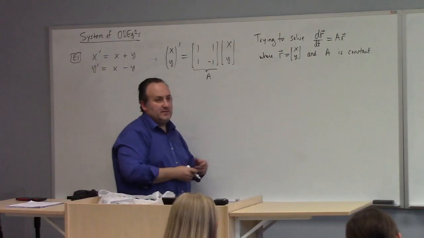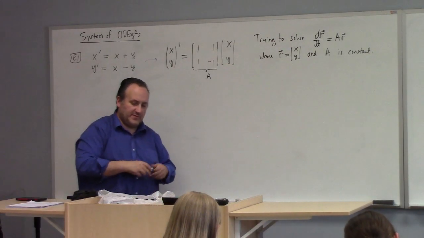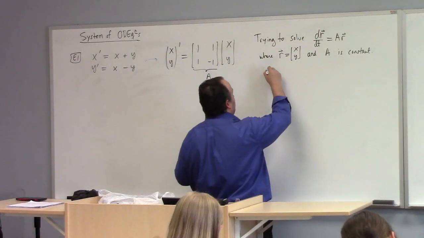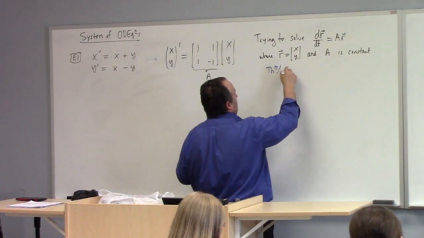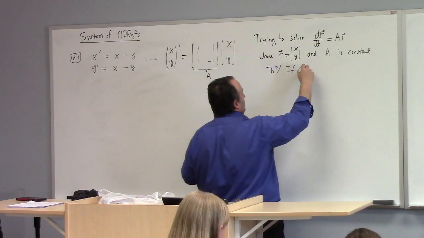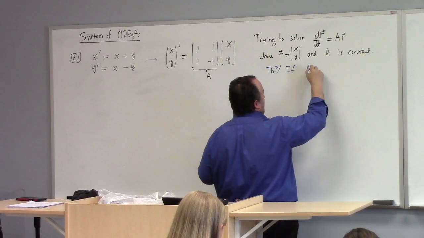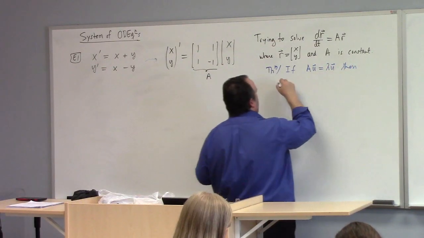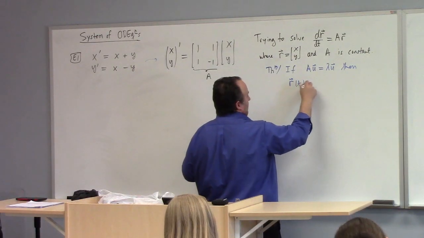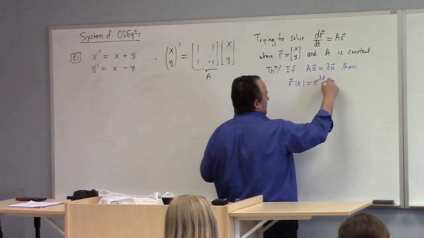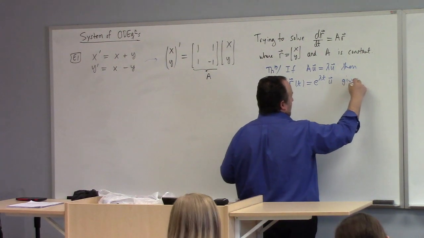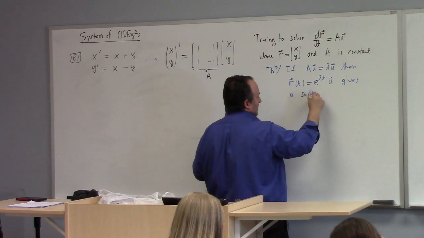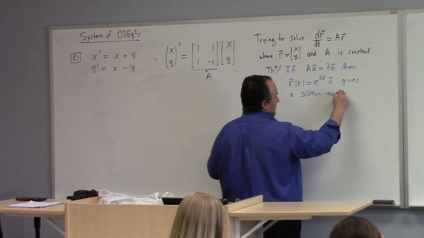Now I'll derive this in a more systematic way once we get past this example, but basically the theorem we're going to prove in just a bit is that if AU equals lambda U, then R of t equals e to the lambda t times U gives a solution to star.